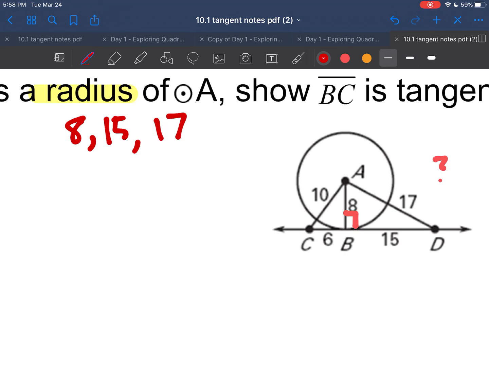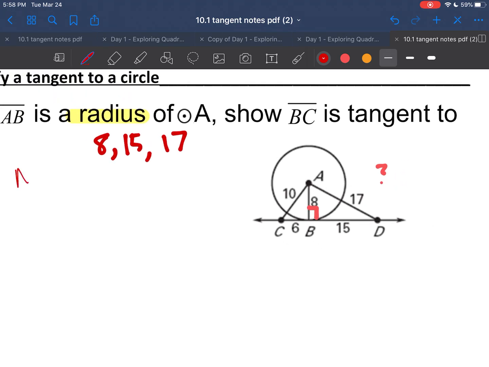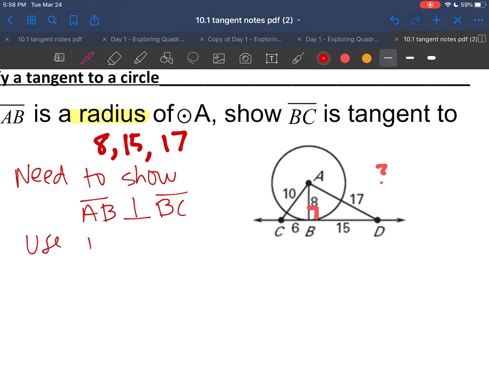I'm going to make a couple notes here. I need to show that AB is perpendicular to BC, and I'm going to use the Pythagorean theorem. Actually, what you're really using is the Pythagorean converse.